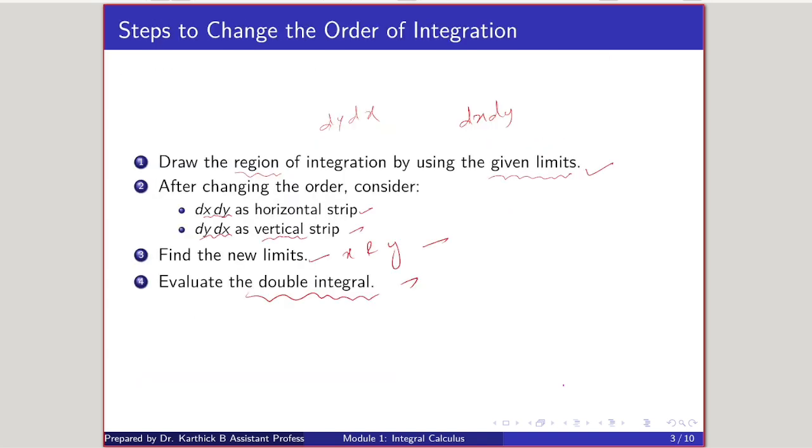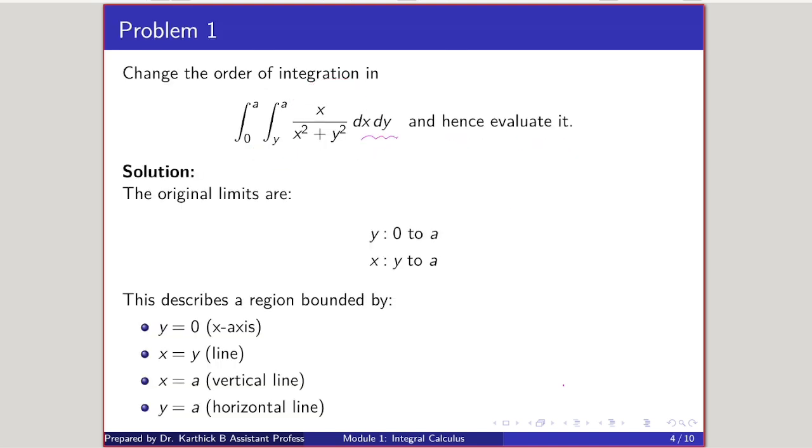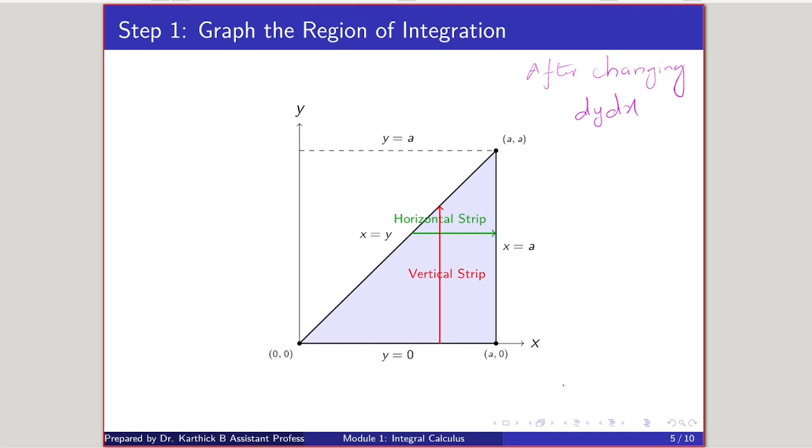Dy dx means we have to choose a vertical strip. The given problem has a horizontal strip. After changing, it becomes vertical.